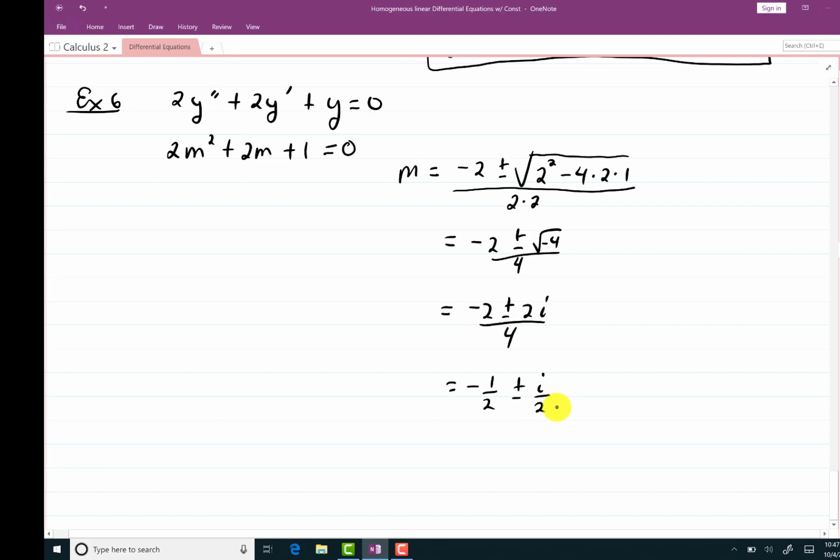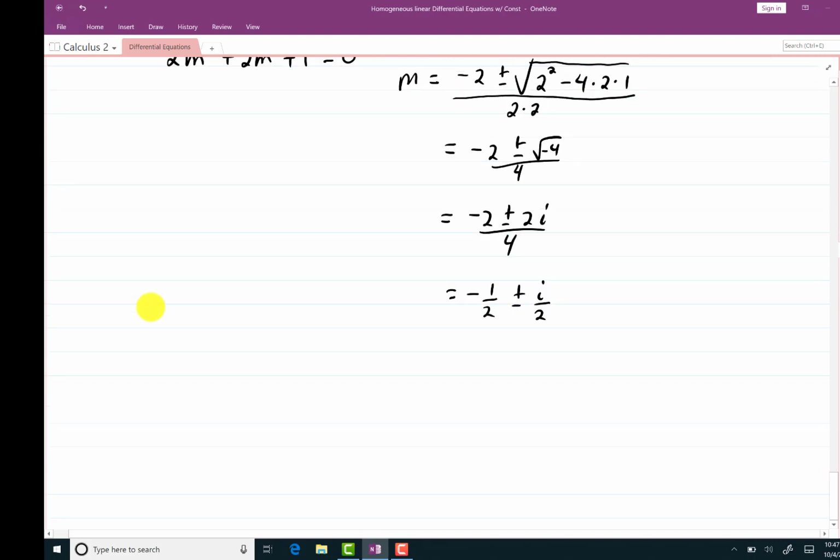And this would give us all of our answers except what happens next. Notice that this is not just i over 2. Otherwise, I would be able to work this. However, if I do e to the negative 1/2 plus and minus i over 2 times x, I'll get e to the negative 1/2 x plus and minus 1/2 x times i.